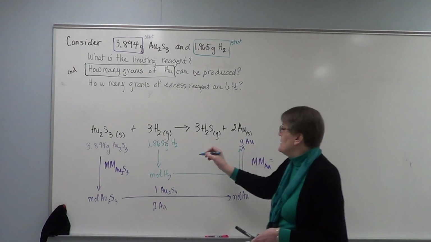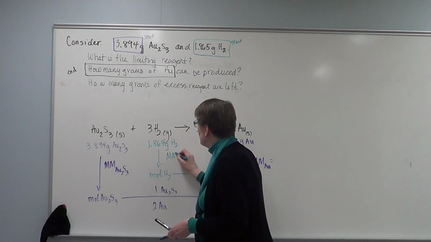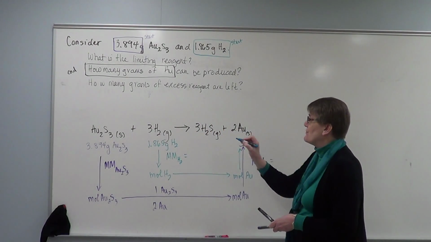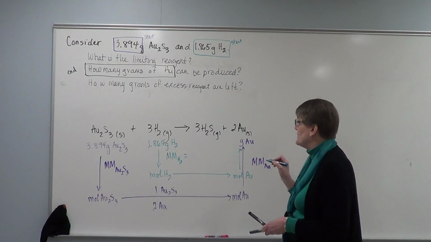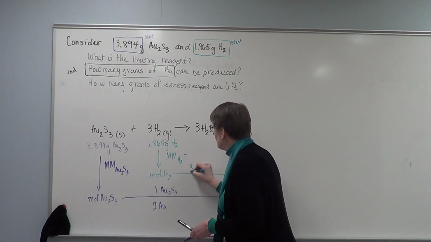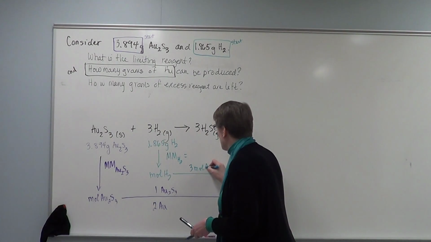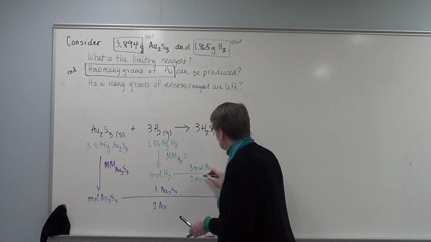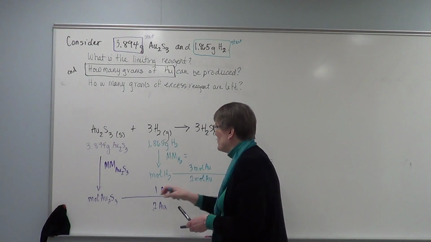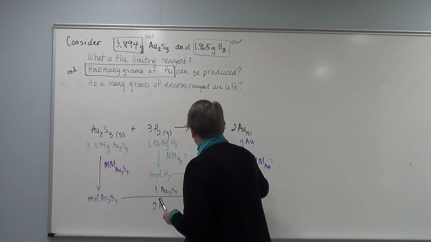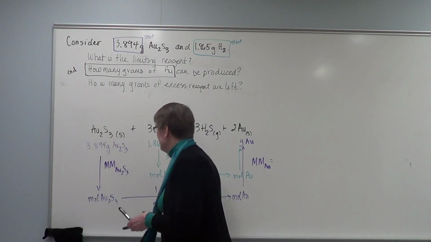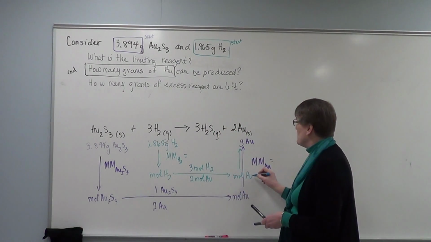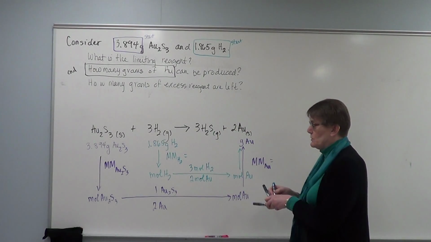And then I also need the molar mass of hydrogen. The stoichiometric conversion from moles of hydrogen to moles of gold. So 3 moles of hydrogen gives me 2 moles of gold, and then moles of gold to grams of gold again is the molar mass.